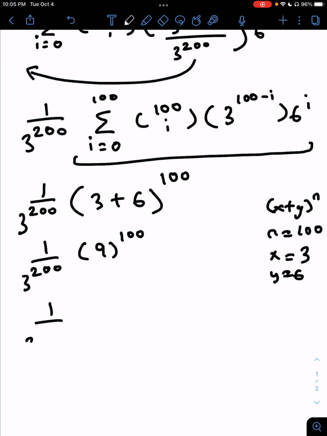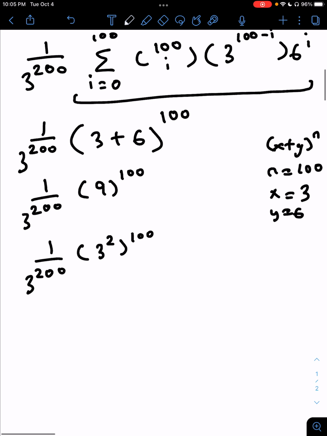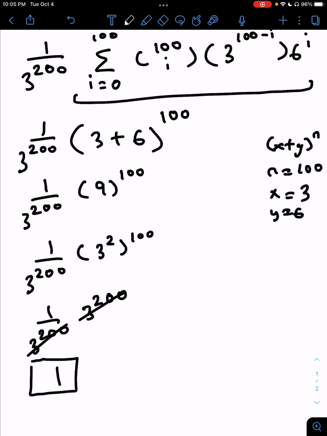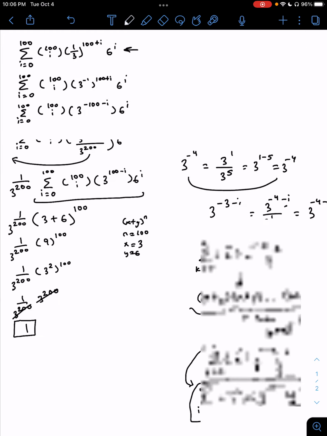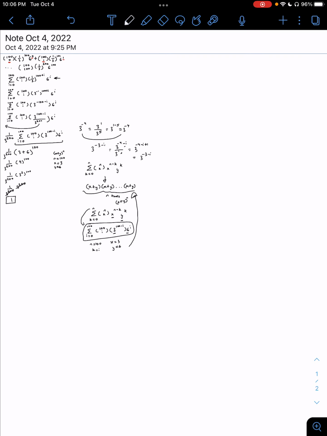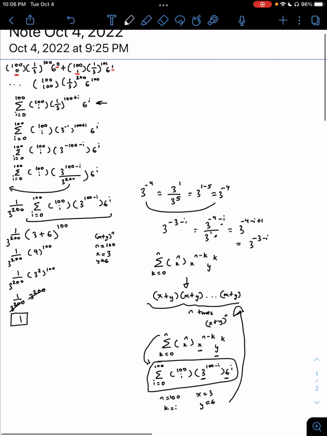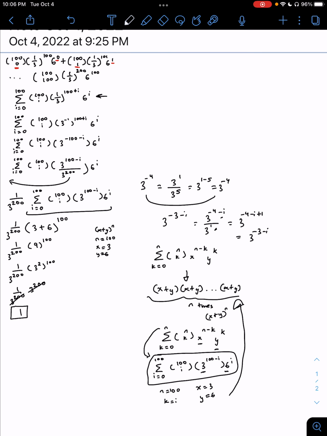And now you just do a bit of thinking. 9 is the same as 3 squared. Now you have the 100. If you have stuff like these, you just multiply the exponents, right? That's going to be 3 to the 200. That cancels out. And after that whole gigantic mess, you're just left with 1. That is the answer. It's a bit too zoomed in, but yeah, there we go.